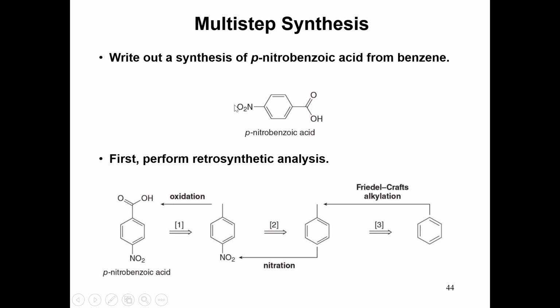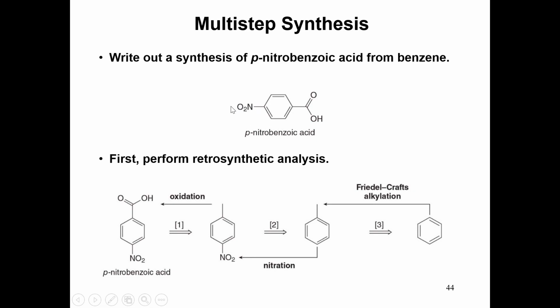If we introduce the nitro group first, forget about this part for now. We do the nitration reaction from benzene to nitrobenzene, then the question is how we introduce the methyl group. To introduce an alkyl group to a benzene ring, the typical reaction is Friedel-Crafts alkylation. But the nitro group is a very strong electron withdrawing group.